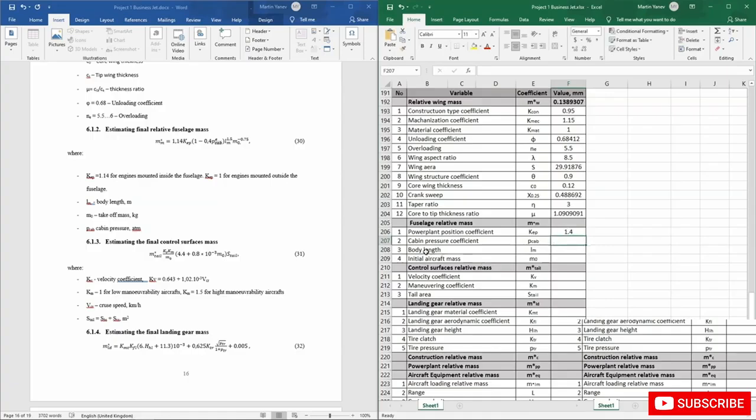Then the cabin pressure coefficient is something that we can actually talk about a little bit. So the cabin pressure coefficient is the pressure that you need to apply to the cabin in order for the passengers to survive the high altitude. So what the companies are normally doing, they're adding a pressure in the cabin when the aircraft is at altitude more than 3,000 meters.